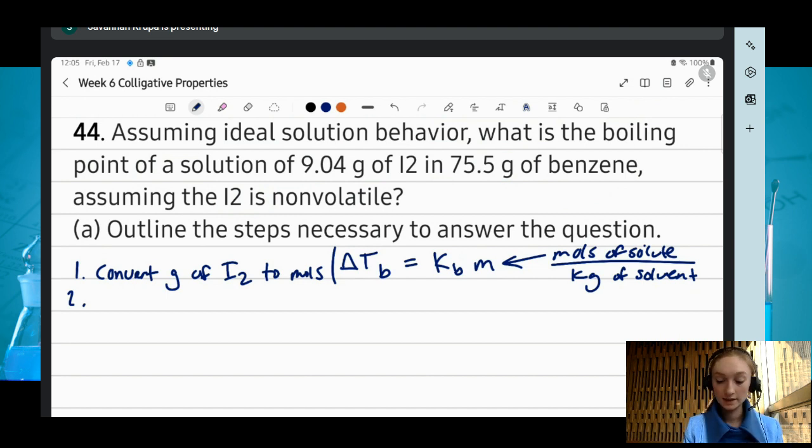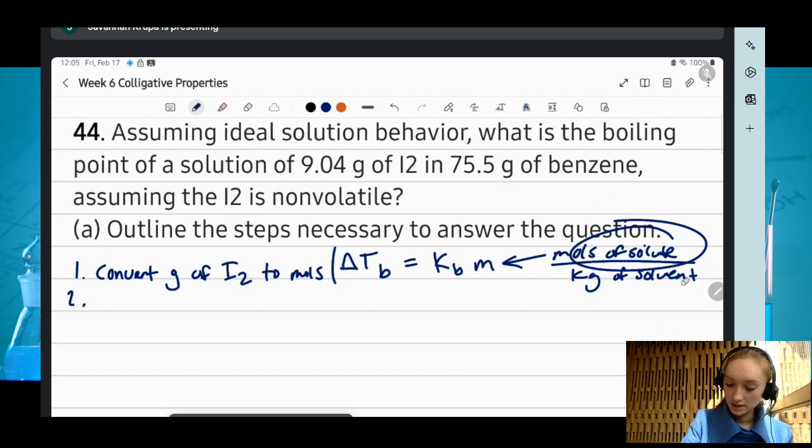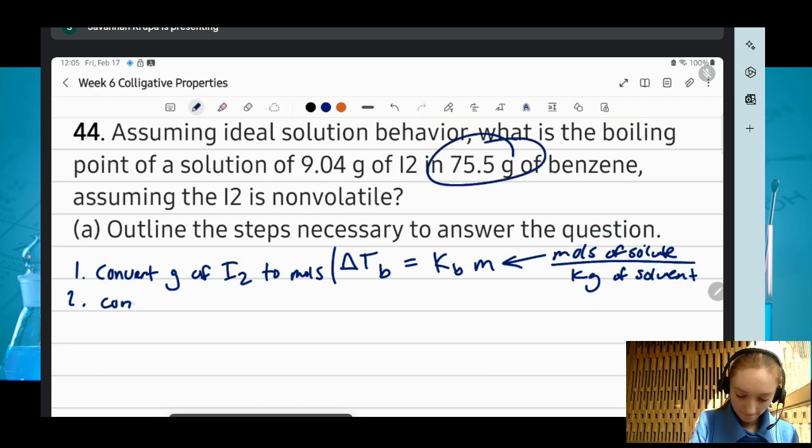So we need to find the molality, which means we need the moles of the solute and the kilograms of the solvent. So we need to convert the grams of benzene to kilograms. And using that, we can calculate the molality.